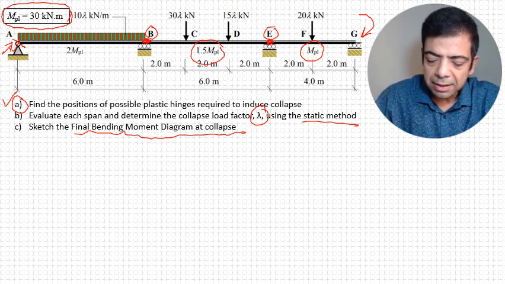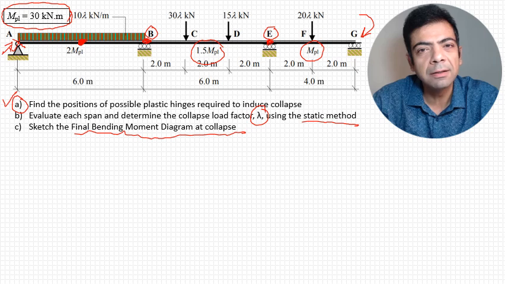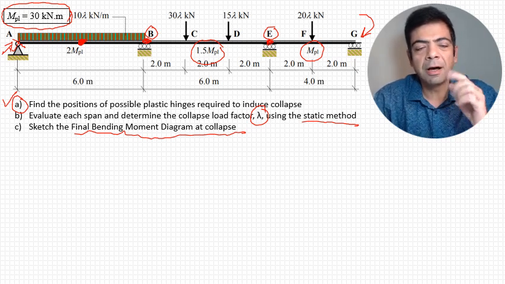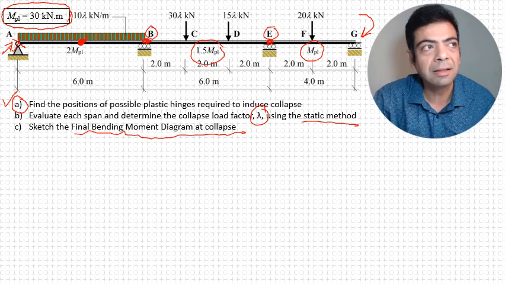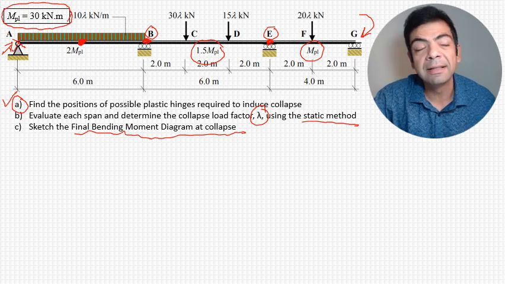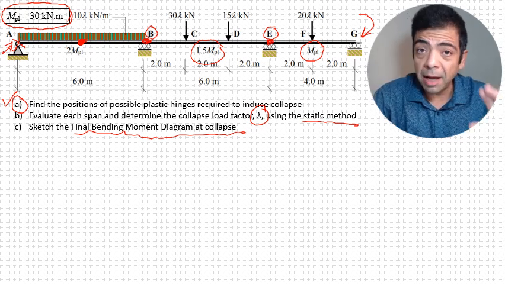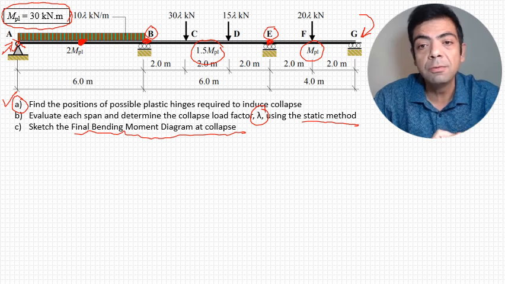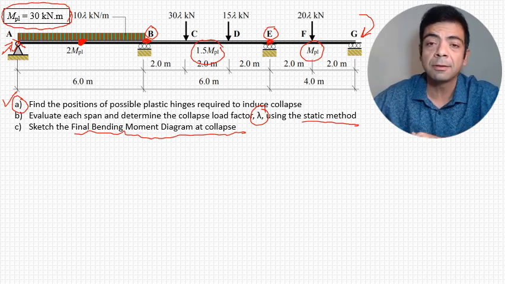You can guess it's going to be in the midspan, but I've solved this in the lecture. It's not exactly in the midspan. It goes slightly towards A, like 10% of the span towards A. So for the sake of time and accepted approximation, we can assume it's in the midspan. We will get a close enough answer.